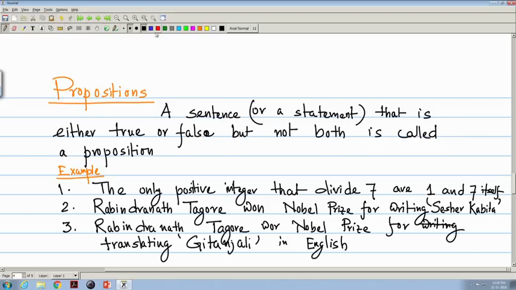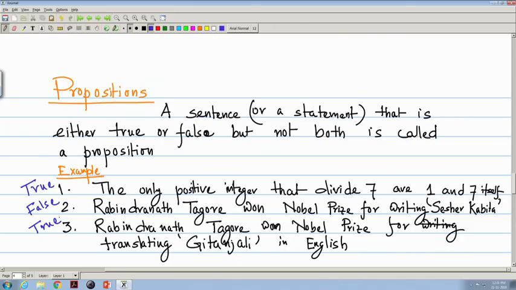So, now we start writing that our first statement is true, second statement is false, third statement, Rabindranath Tagore won the Nobel Prize for translating Gitanjali in English, is true, which we know is a true statement.